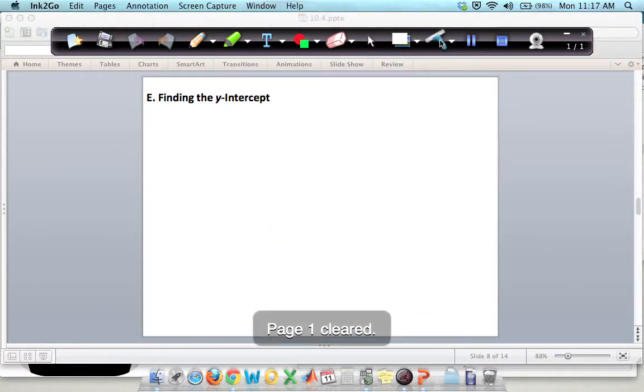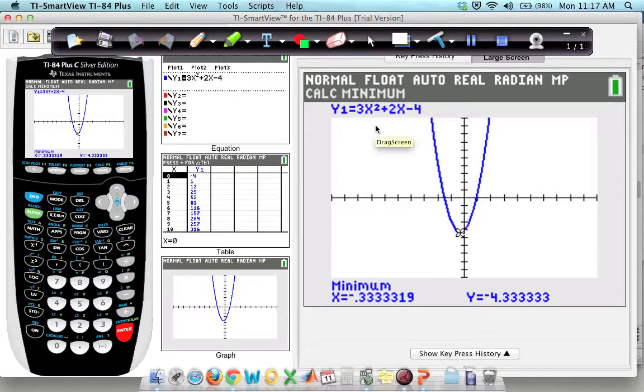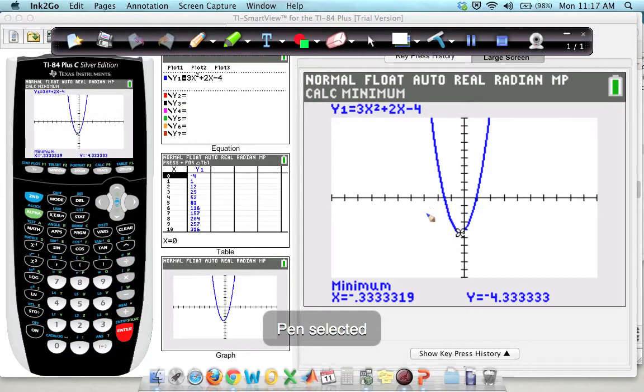Okay, to find the y-intercept, this is actually pretty easy. So remember the y-intercept, let me show you on this graph, would be where your graph hits the y-axis. So in this case, our y-intercept would be right here. It's actually very close to the vertex on this graph. And at that value, x is 0 because you haven't moved to the right or left any.